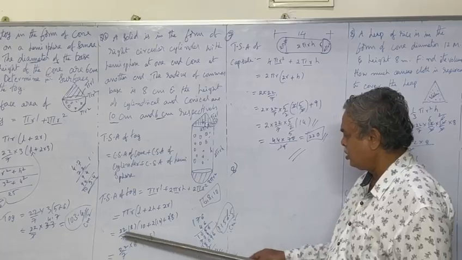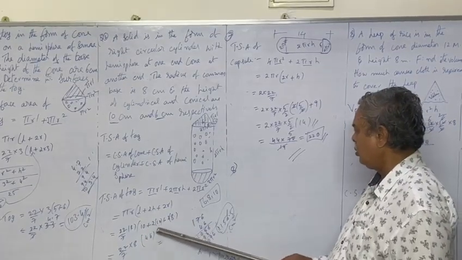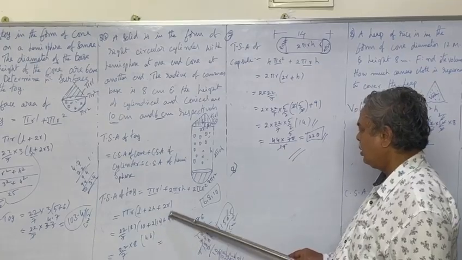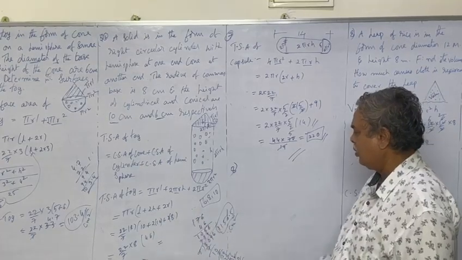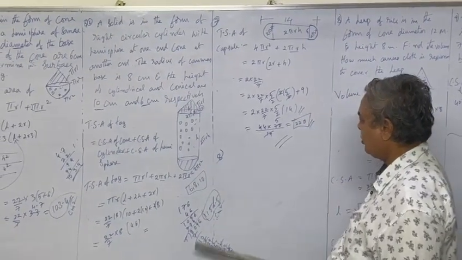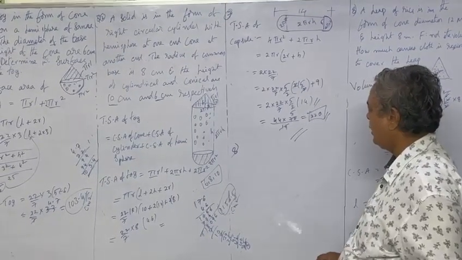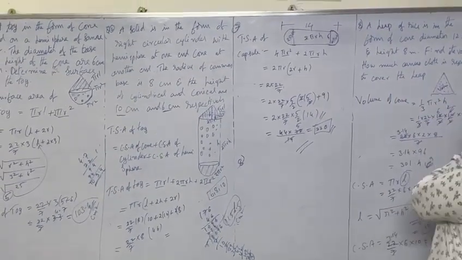Then we substitute l is equal to 10, 2 into height 10, plus 2 into r is equal to 8. Then we get 22 by 7 into 46, and this is the answer, 1156.5 centimeter square.